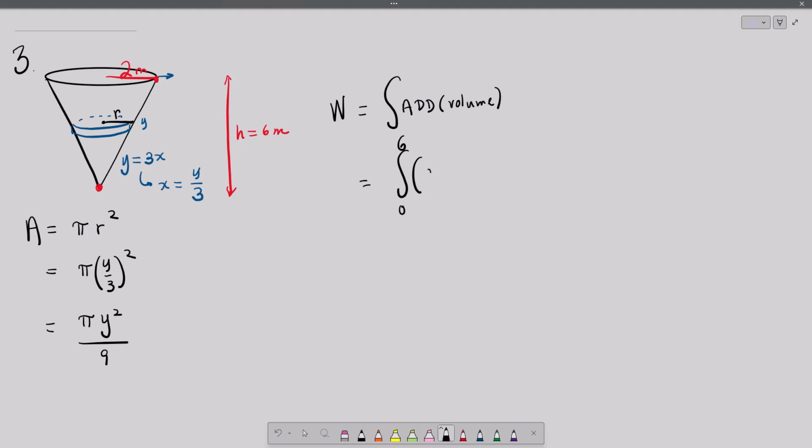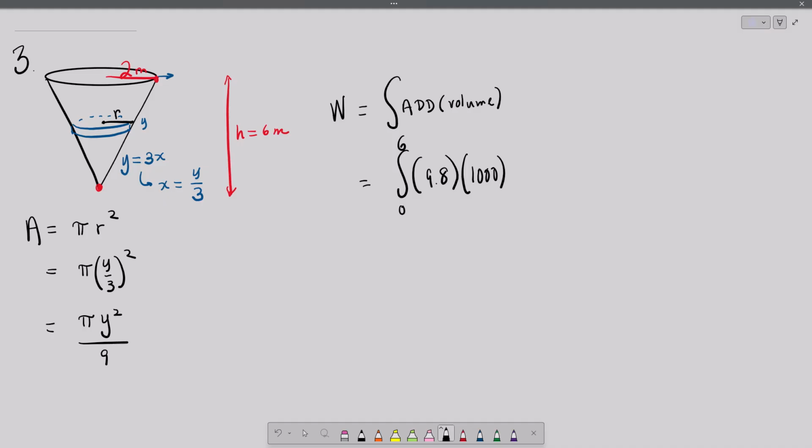Then density. Whatever the fluid is, in this case water, the density of water is 1,000. If we were dealing with beer or something else, whatever the density of that liquid is, we put that in. That has to be known, so that's given to you.